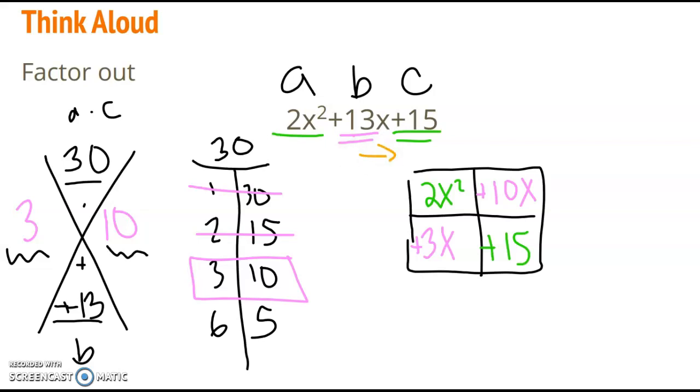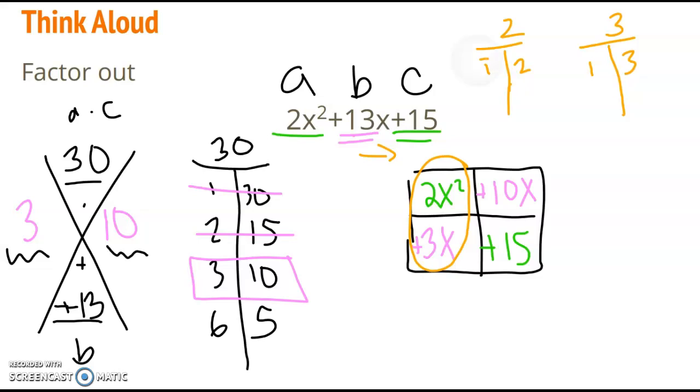For example, I want to first grab my first binomial. In order to do that, I want to see these two. I want to know what they have in common, meaning what is their greatest common factor. So I want to factor out the number 2, and I want to factor out the number 3. Well, I know 1 times 2, and I know 1 times 3. What do they have in common?